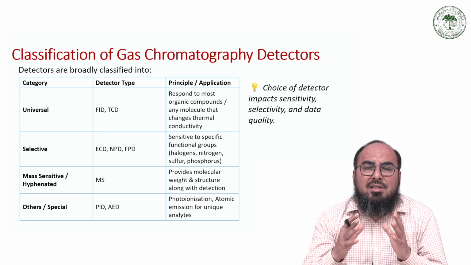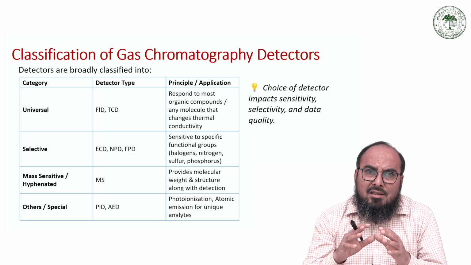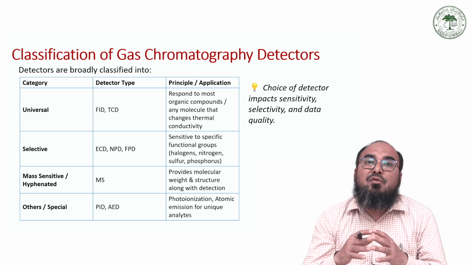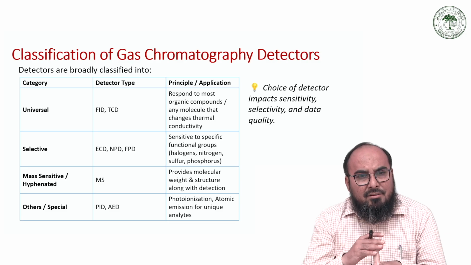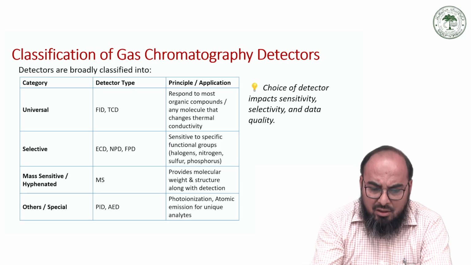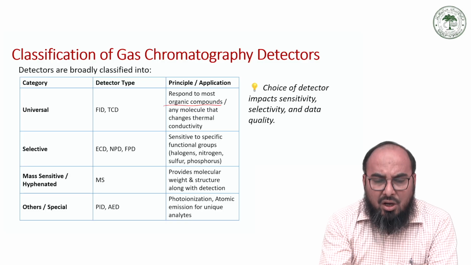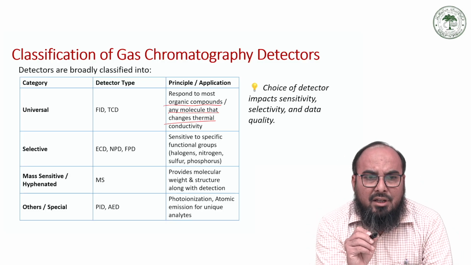Each detector has a certain set of compounds which it can analyze, and there are certain compounds which it does not analyze effectively. So we have the universal detector that is suitable for most organic compounds or any molecule that changes with regard to thermal conductivity.